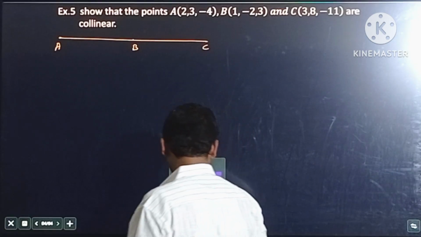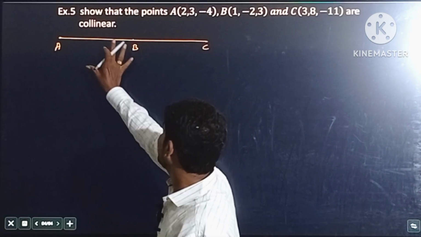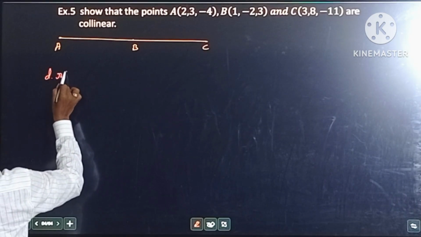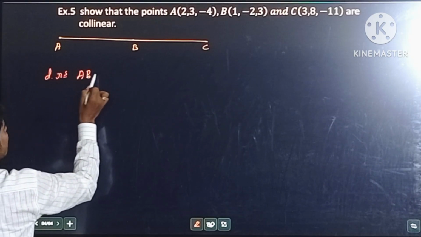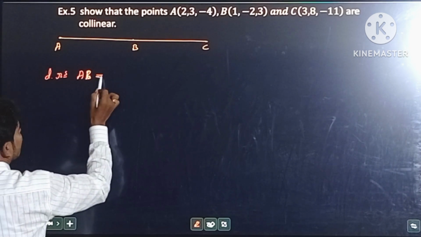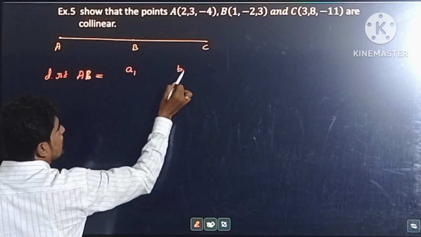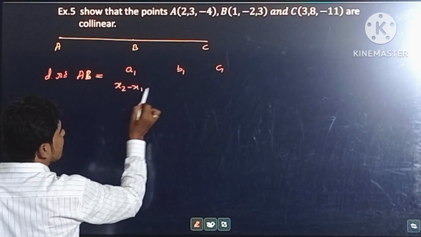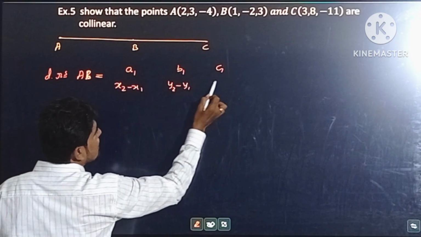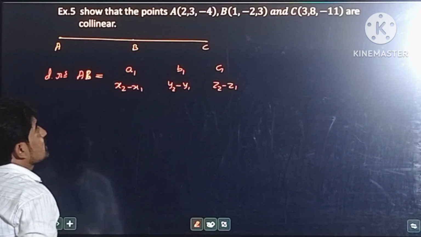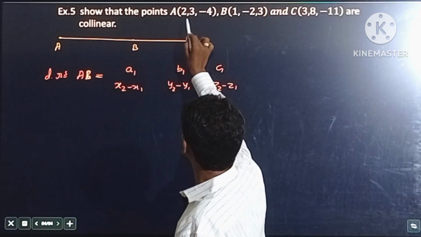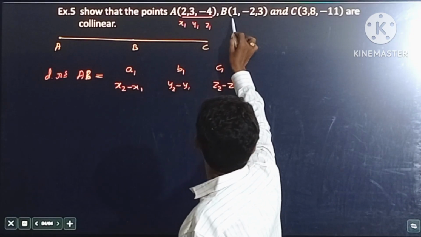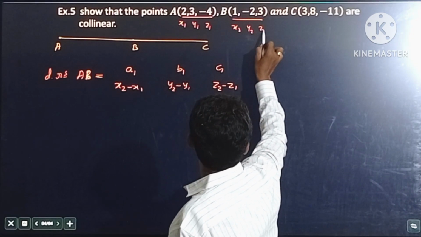So here I am going to identify the direction ratios of AB and AC. First, the direction ratios of the line AB. Let's say the direction ratios of AB are A1, B1, C1. Therefore the value of A1 is x2 minus x1, B1 is y2 minus y1 and C1 is z2 minus z1. Point A is x1, y1, z1 and point B is x2, y2, z2.